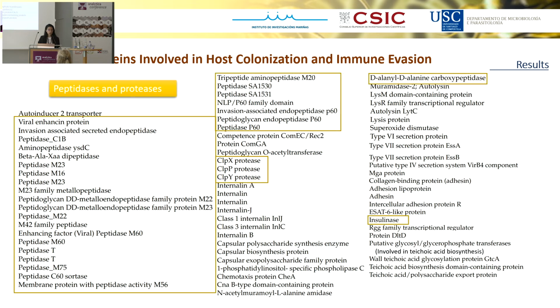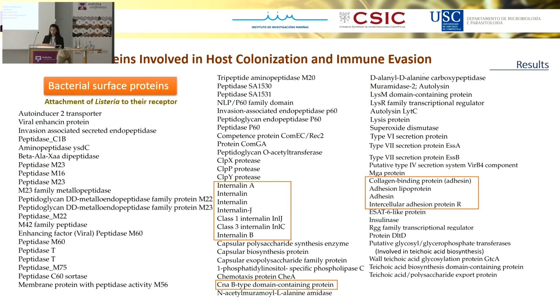We have determined a huge amount of peptidases and proteases, as examples the CLP protease that hydrolyzes the proteins controlling the modulation of virulence factors. Another example, the insulinase that cleaves small proteins and peptides during bacterial invasion. We also identified bacterial surface proteins that play a role in the attachment of Listeria to the receptor. As examples, different internalins and other adhesion proteins.